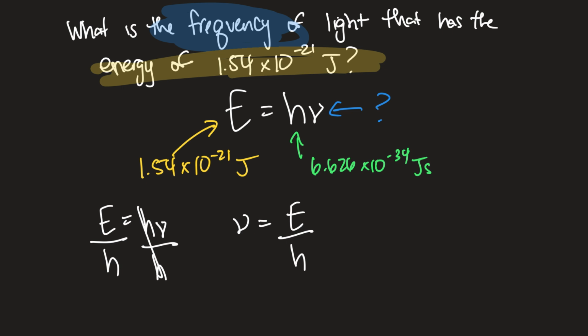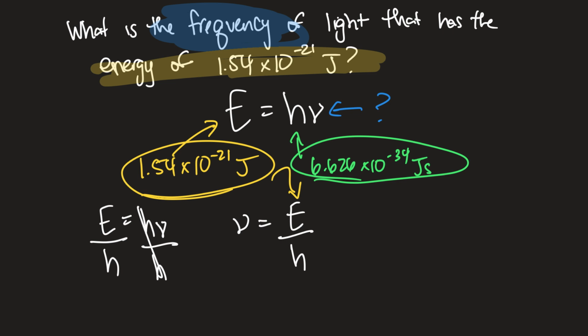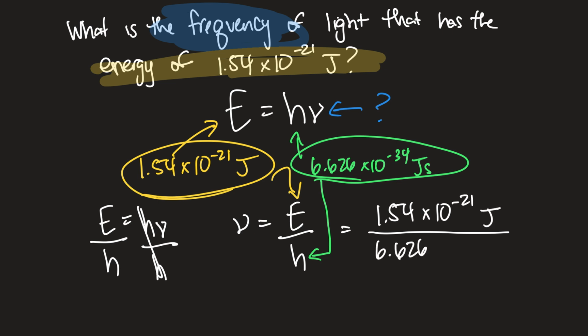Now I'm going to plug in my numbers accordingly. I'll plug my energy into E, and my Planck's constant into h. When we substitute our variables, we have 1.54 times 10 to the negative 21st joules over 6.626 times 10 to the negative 34 joule seconds.